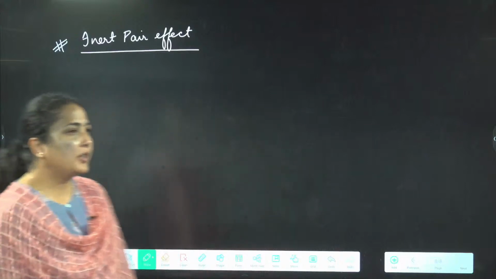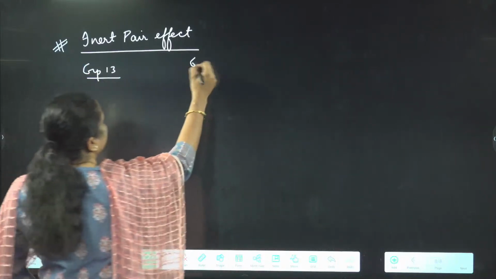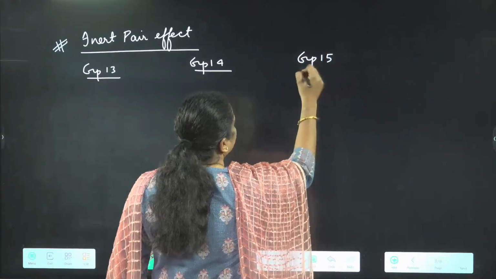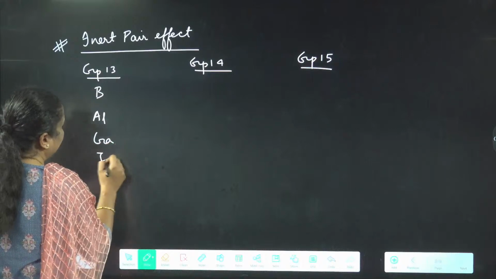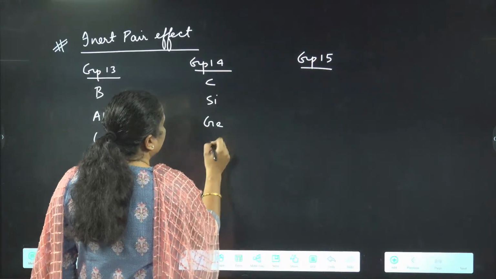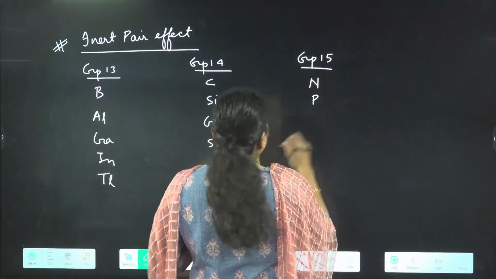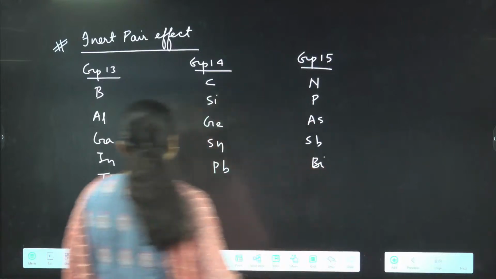Now when I talk about the inert pair effect, let us just focus on group 13, group 14 and group 15, right? So the elements here are boron, aluminium, gallium, indium and thallium. Here it is carbon, silicon, germanium, Sn and Pb. Here it is nitrogen, phosphorus, arsenic, antimony and bismuth, right?